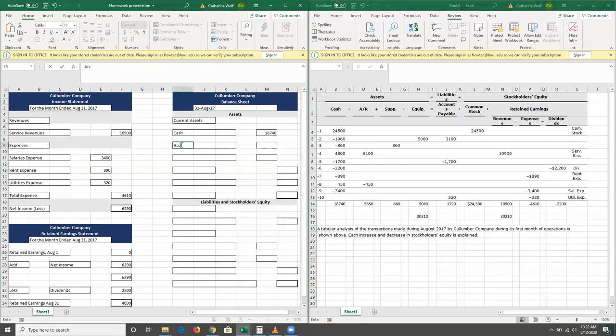Next is going to be our accounts receivable. That is going to be $5,650, and again, you can see right there. Next is going to be our supplies, and that will be $860. Again, right here you can see that.